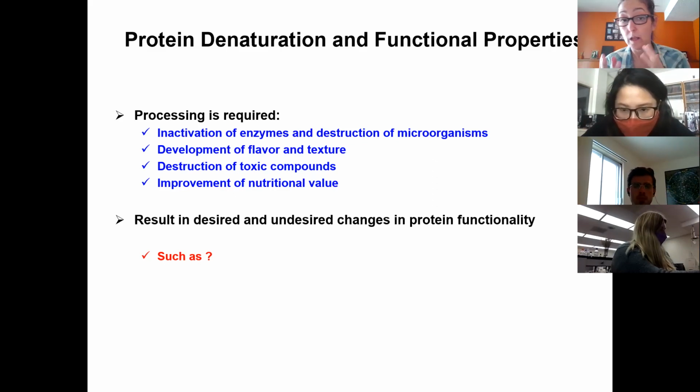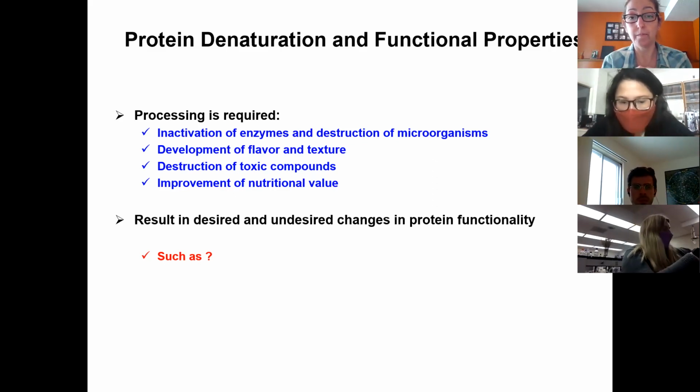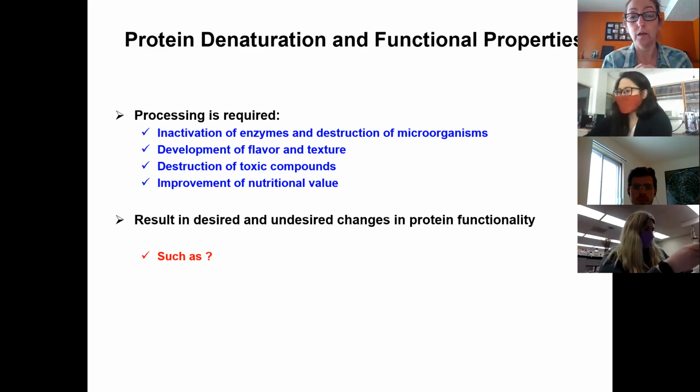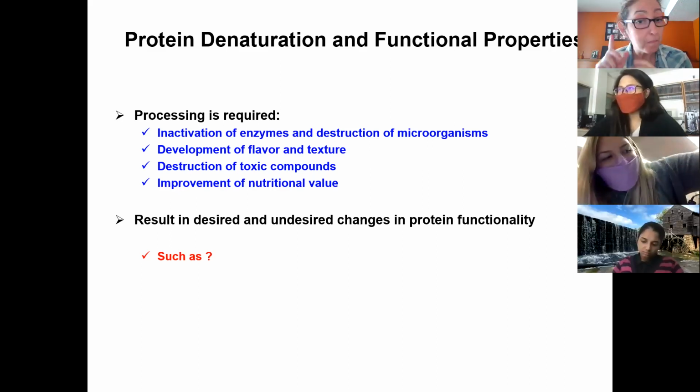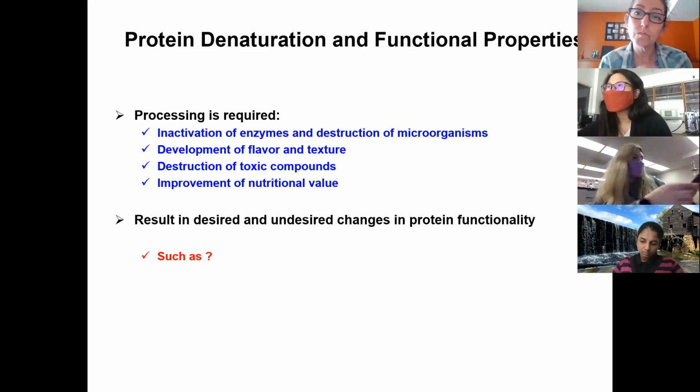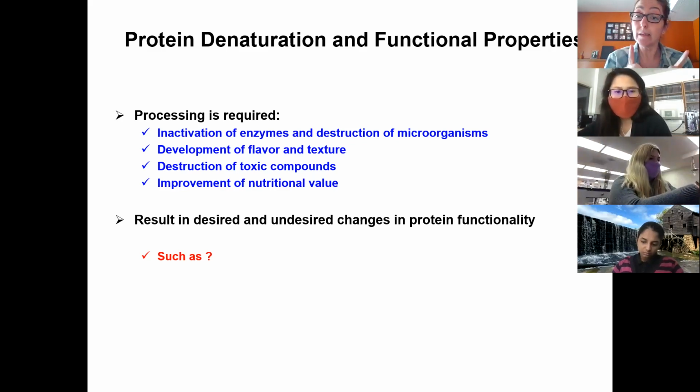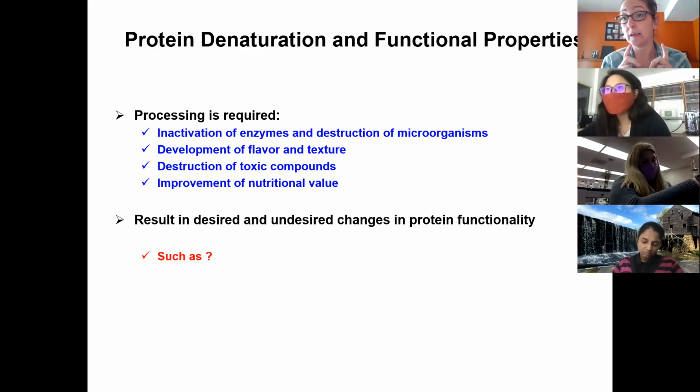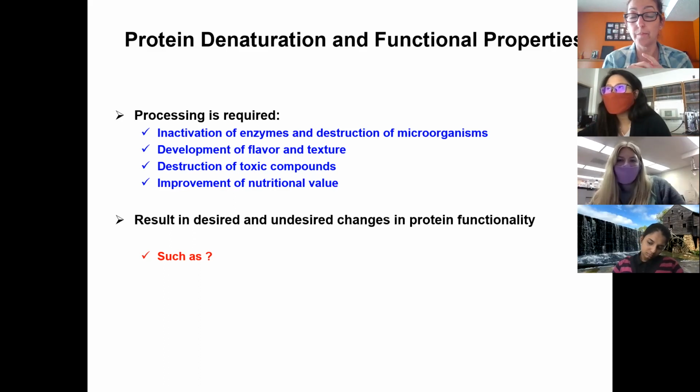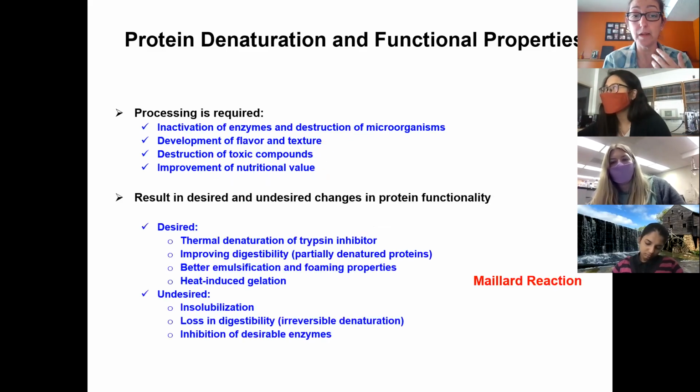So that is a good thing. What else? Solubility? Excess processing can result in polymerization and undesired loss of solubility. Excessive denaturation and polymerization can result in reduced digestibility.